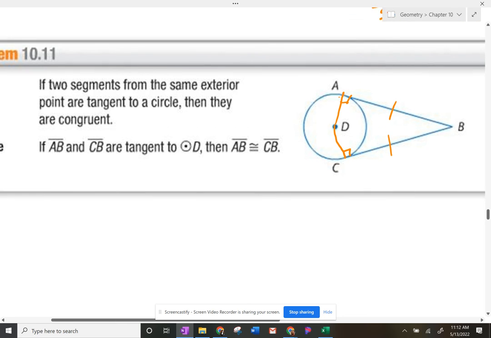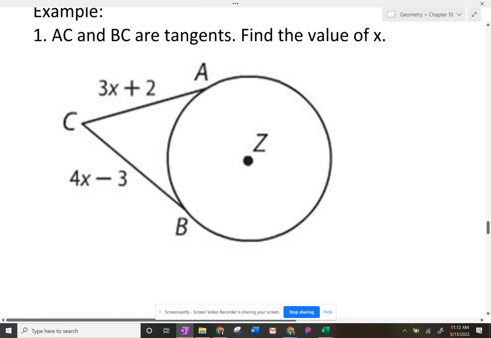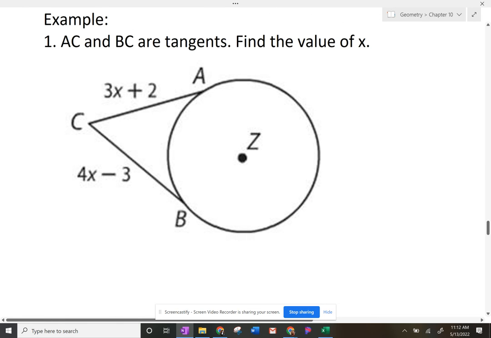Okay? So my first example looks like this. Again, these ones assume that the lines are tangent. I know it does not look like they're tangent lines. It's the magic of math. We're going to pretend.